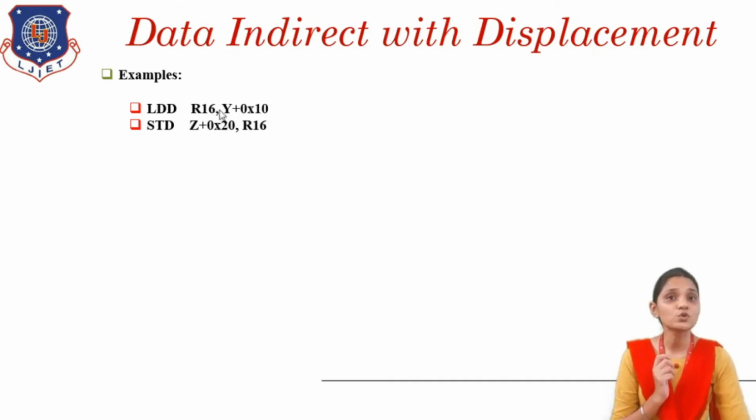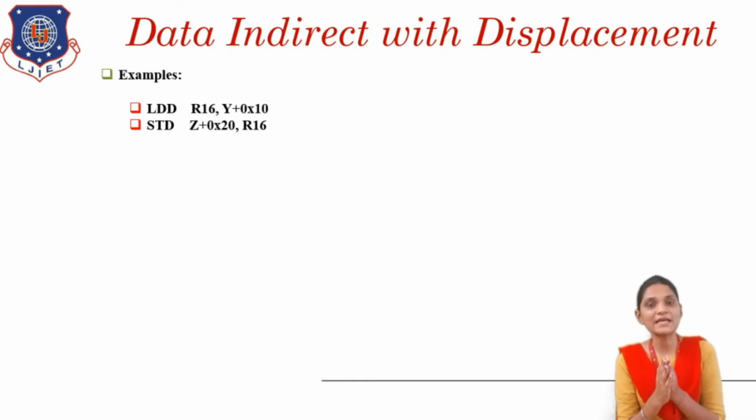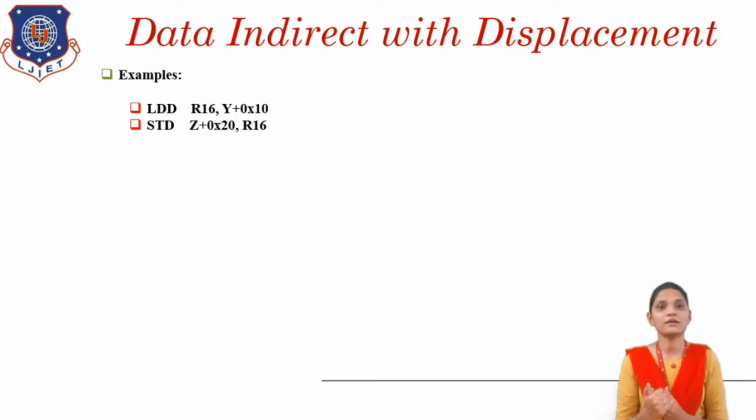Here I am loading the content into register R16 from the memory location given by register Y, plus I have to add 10 to that location, because Y is the start of that block and I have my data at the 10th location. Okay, so you can create relative addressing.